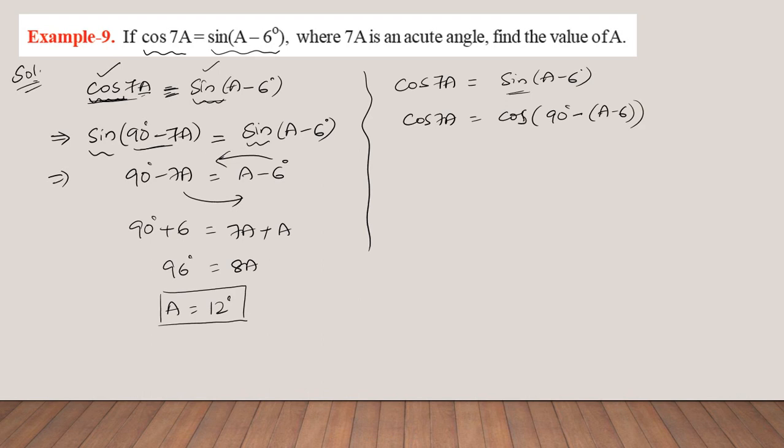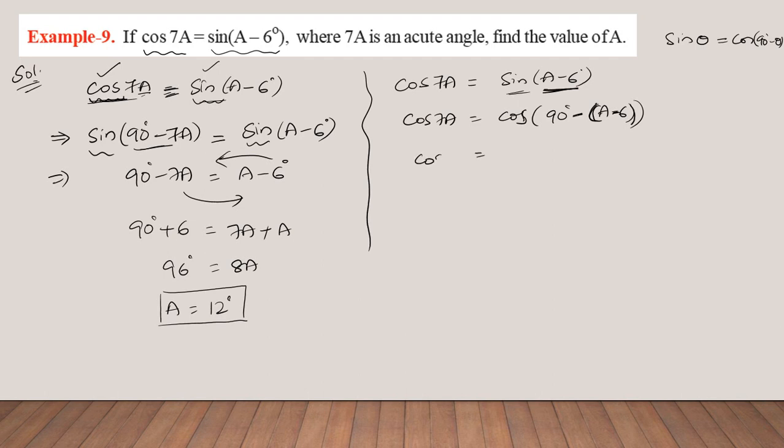Here most of the students get confused, because here you are having minus. When you are writing sin theta, it can be written as cos of 90 minus theta. So this theta should be taken as a whole and it should be kept in brackets.